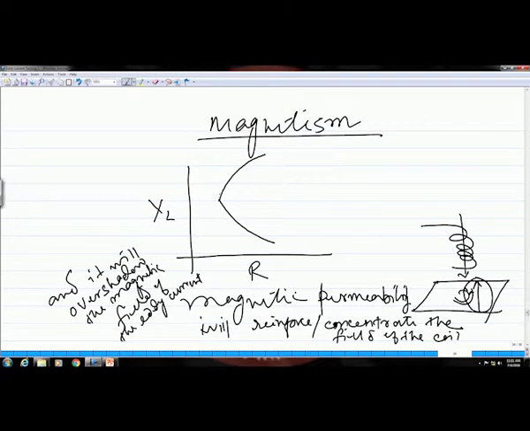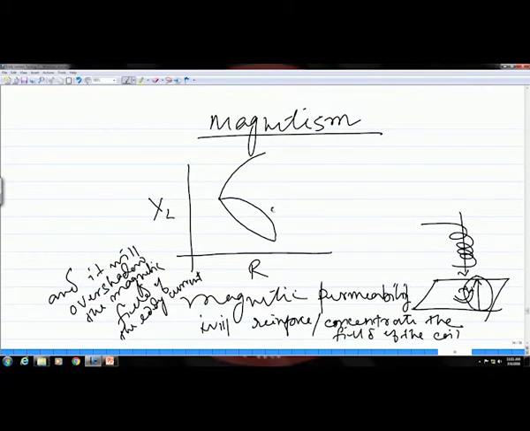So, in this case you have seen that you have a conductivity curve like this, and the crack signal was like this. And in the case of magnetic material, this crack signal is going to remain the same, because the effect of the crack will be same, and the conductivity curve will also be similar like this.